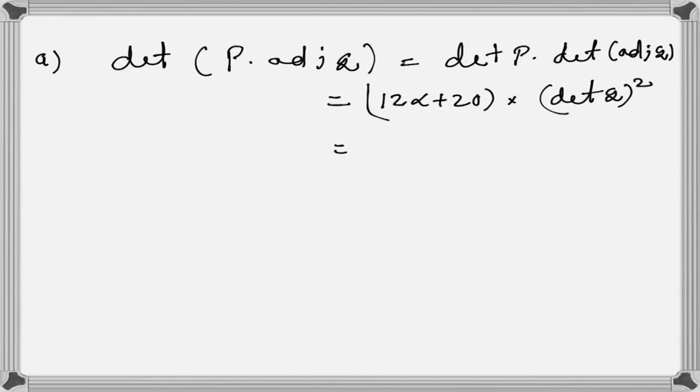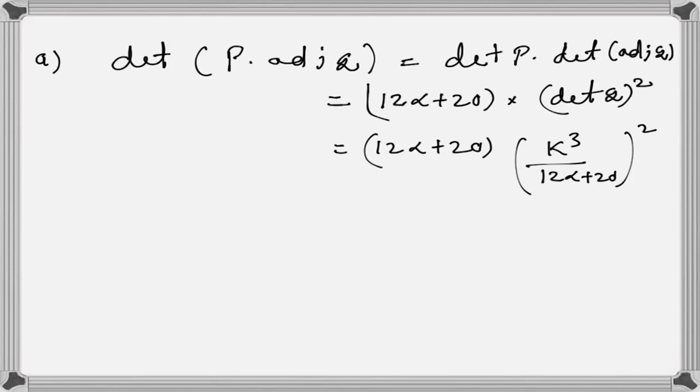So what is this? 12 alpha plus 20, and the determinant of Q was K cube divided by 12 alpha plus 20, whole square. So this is nothing but K to the power 6 divided by 12 alpha plus 20. Alpha is minus 1 and K is 4, so 4 to the power 6, and 12 alpha plus 20 is nothing but 8.